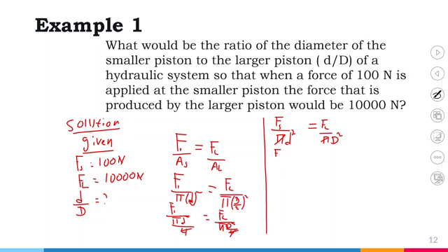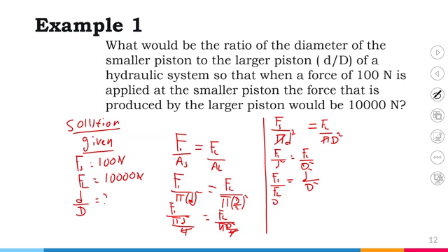Then we get the algebraic solution: Fs over d square is equal to Fl over capital D square. Now we can take the ratio. That means F small over F large is equal to d small square over capital D, the larger piston, square.